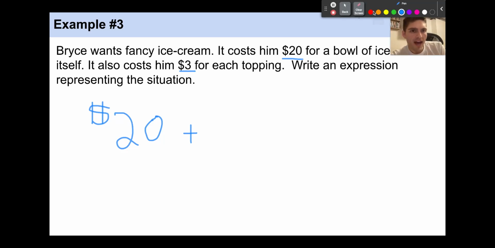We know that he's paying the $3 for each topping. So you can just make up for yourself a variable to represent the topping. I typically go with T, but T's look like plus signs, so I'm going to go with X, the classic. So X equals toppings.